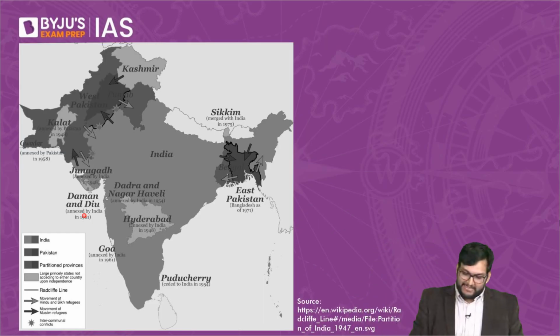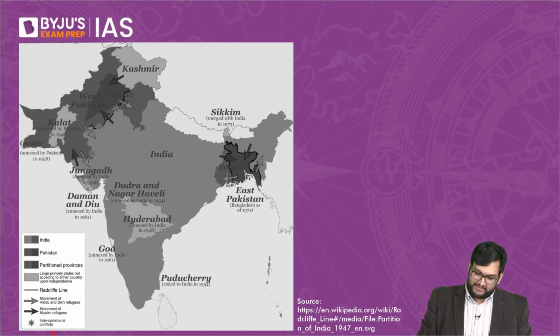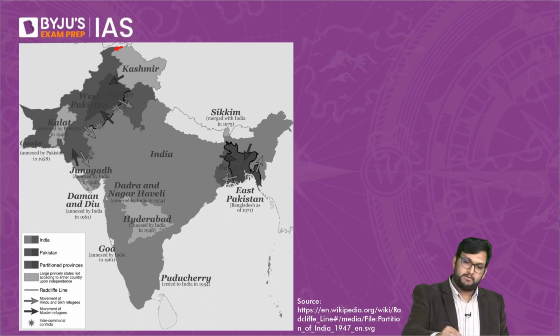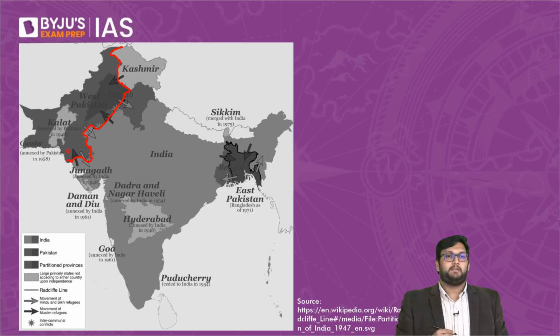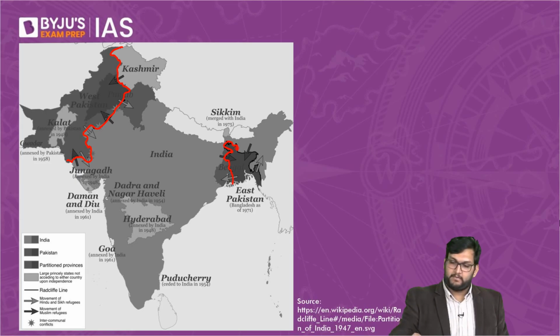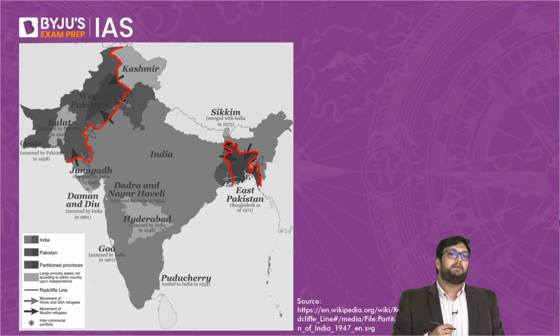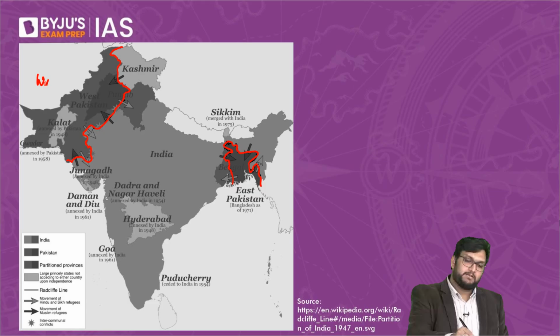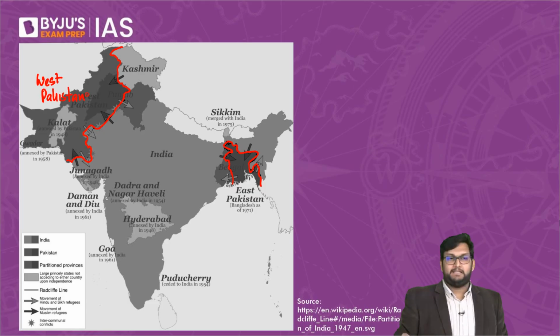And when the line will be drawn, this is the first part of the Radcliffe line, and this is the second part of the Radcliffe line. So two Pakistans will be created, one called West Pakistan and the other one called East Pakistan.